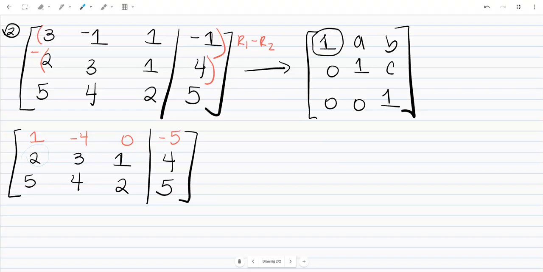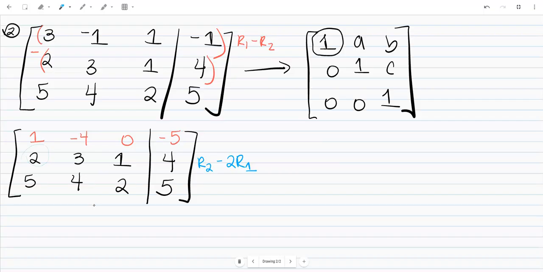What would be the easiest way to do that? I would recommend using row 1. You can multiply row 1 by 2 and subtract that from row 2. So we can do row 2 minus 2 row 1.